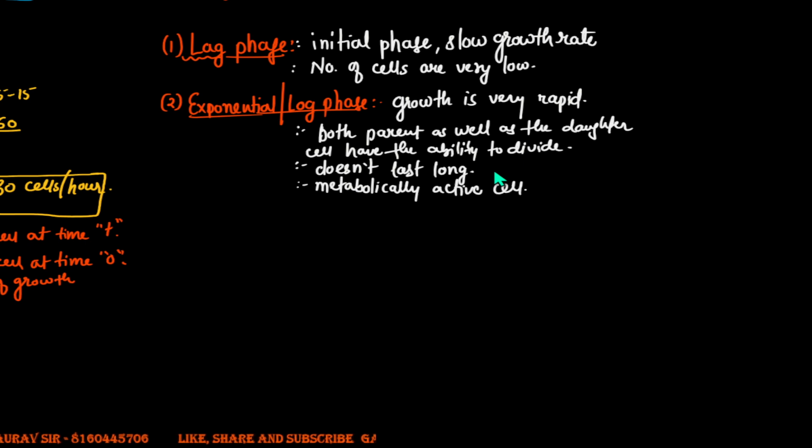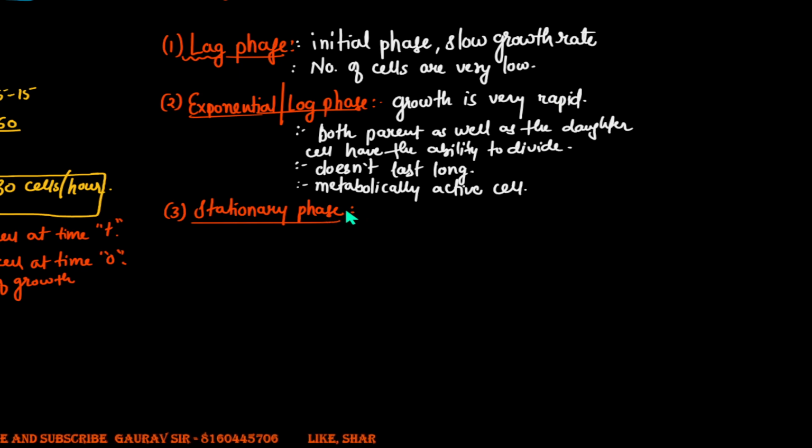But as the number of cells was increasing, they were consuming more substrate from the medium, which would lead to deficiency of the nutrients in the medium. It would cause shortage of the nutrients in the medium. And once that happens, our cells would enter into a phase called the stationary phase.